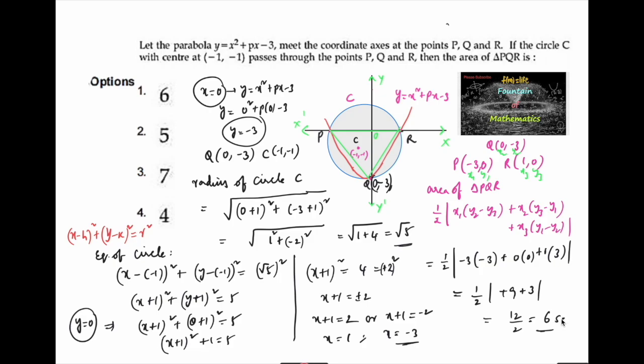So area of triangle is 6 square units. So 6 is the answer, which is our option 1.